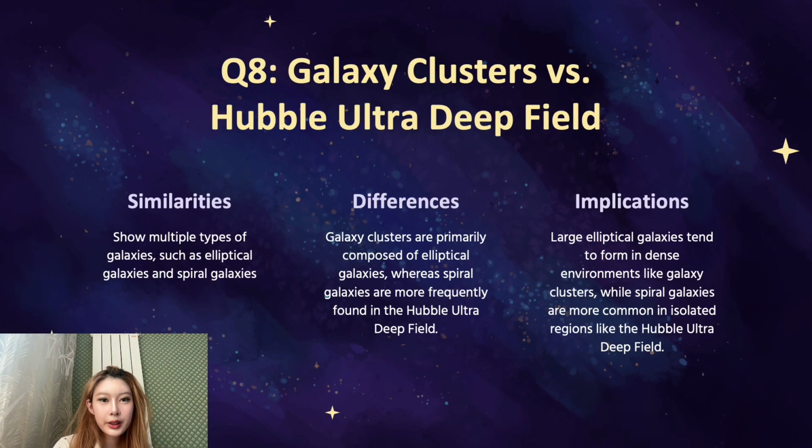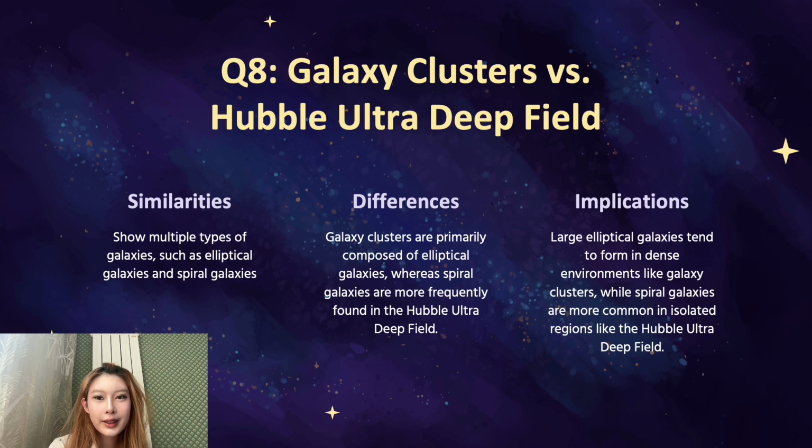In terms of similarities, both the galaxy clusters and the Hubble Ultra Deep Field show multiple types of galaxies. However, the proportions of these galaxy types differ significantly. In galaxy clusters, elliptical galaxies overwhelmingly dominate, while in the Hubble Ultra Deep Field, spiral galaxies are more common.